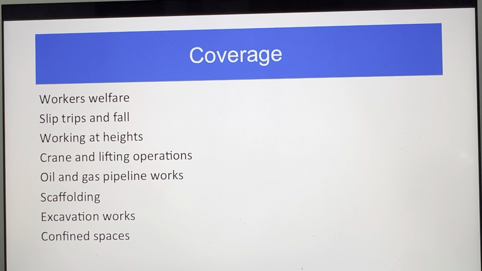I only capture the hazards and the control measures that might be provided, so that this presentation may also be attractive to safety managers in oil and gas, especially in pipeline works. Part of this is also scaffolding, excavation works, and confined spaces.